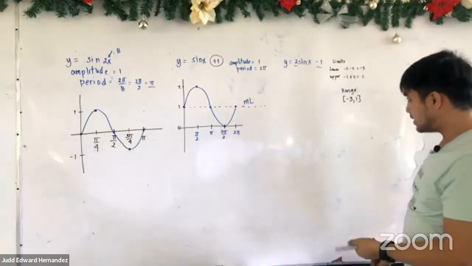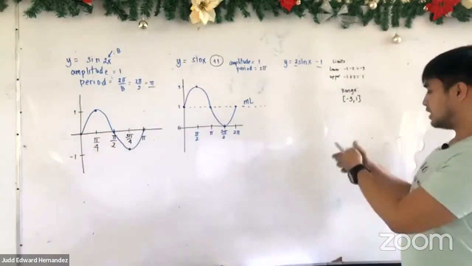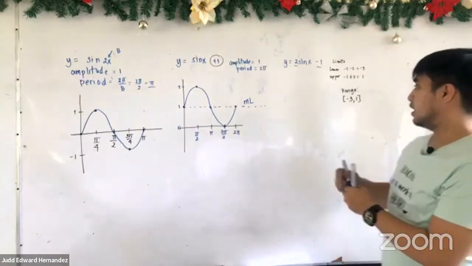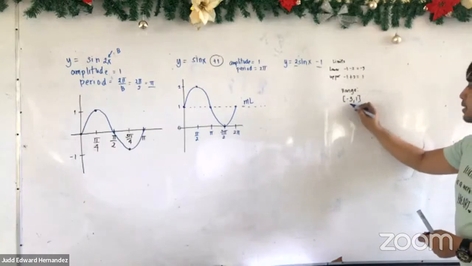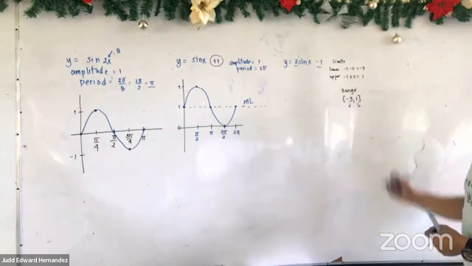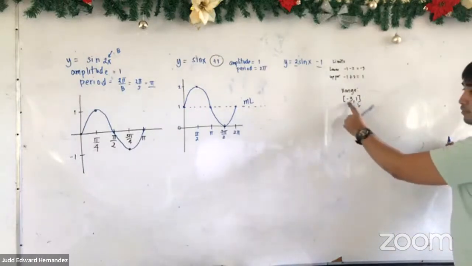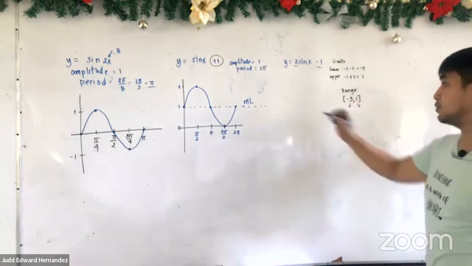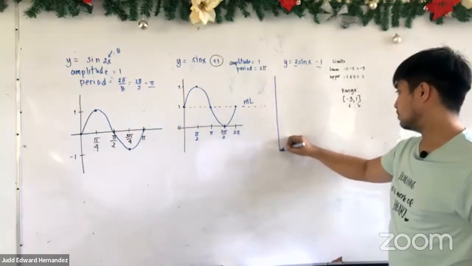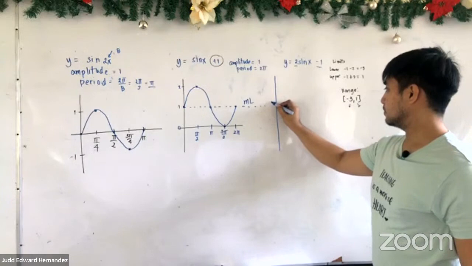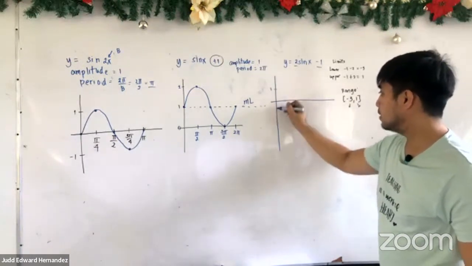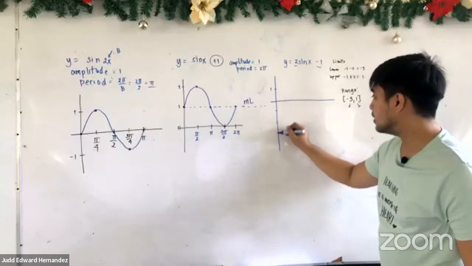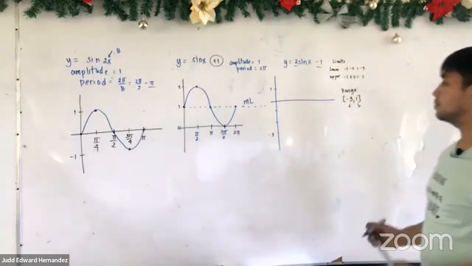So in this case, ibig sabihin po nito, mag-graph muna tayo. Ibig sabihin dapat dun sa graph natin, makikita si negative 3 at si positive 1. Si negative 3 yung pinakamababa at si positive 1 yung pinakamataas. Okay, let's say this is positive 1, 2, 3, and this is negative 3.